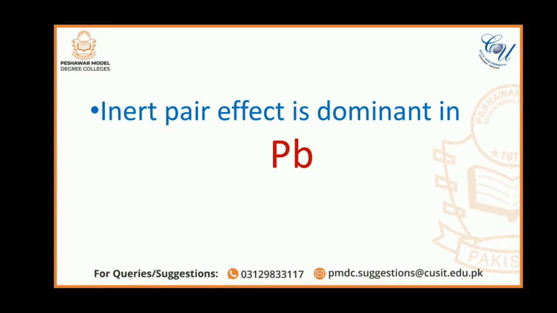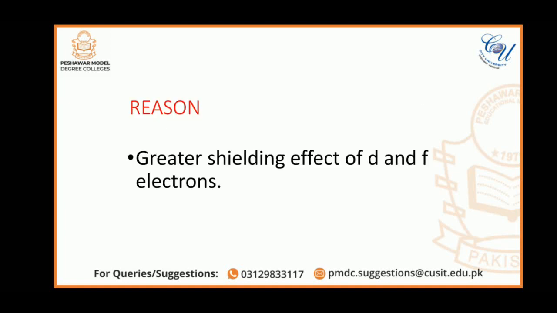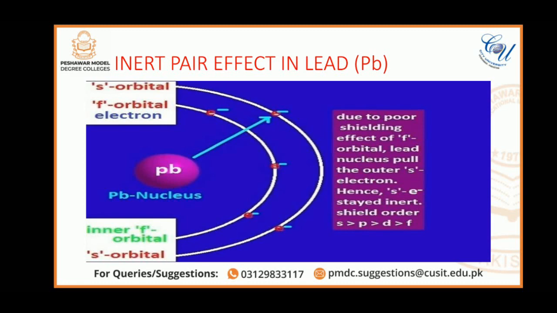In group 4th, inert pair effect is dominant in lead. And here the reason is greater shielding effect of D and F electrons. As we have seen in the electronic configuration of the group 4th elements, that in lead, D and F electrons are greater. So now we will talk about inert pair effect in lead.